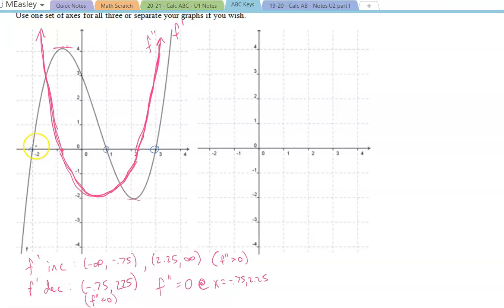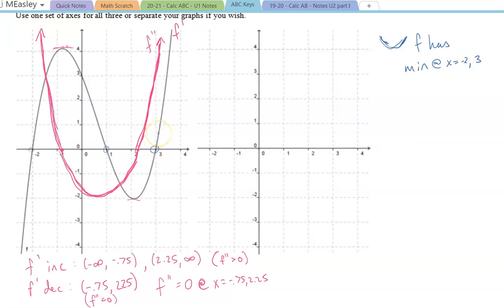So right here, if f prime is changing from negative to 0 to positive, then f must change from a negative slope to 0 slope to a positive slope. So in other words, we have a min.